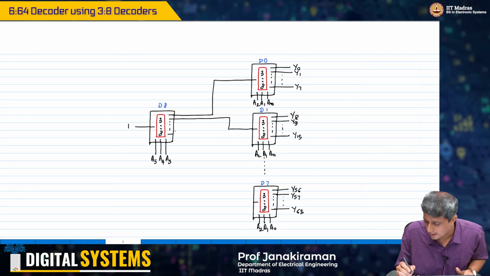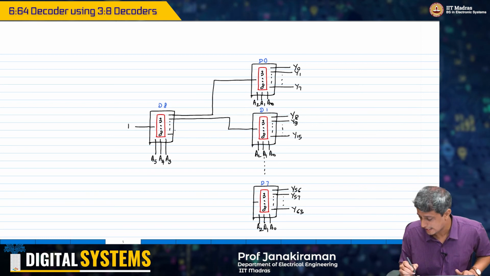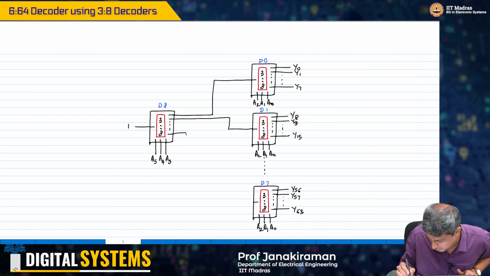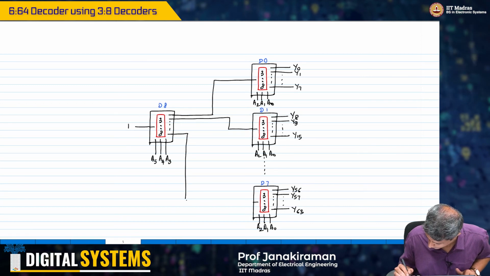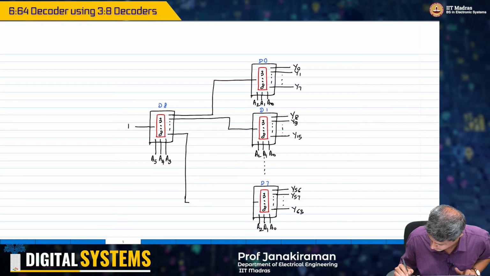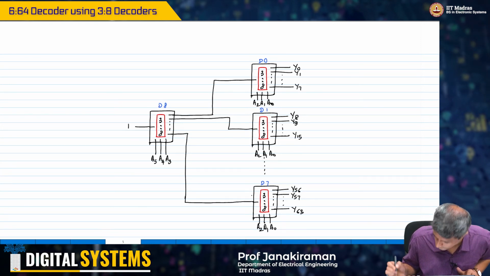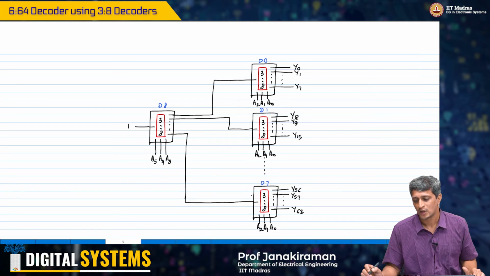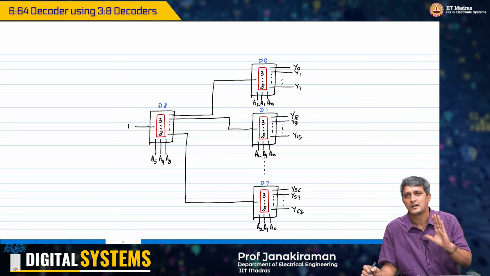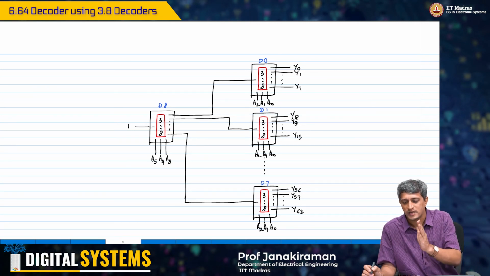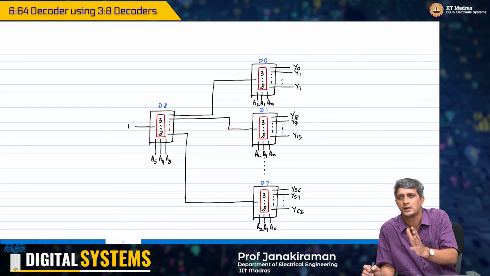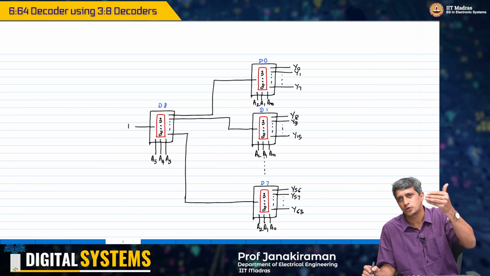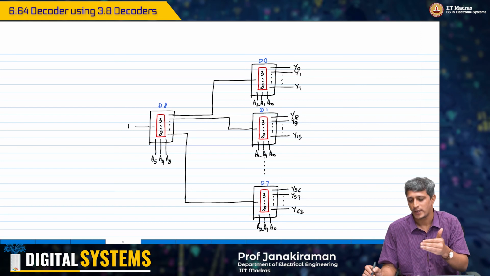Finally, the Y7 output of D8 must go as an enable to D7. Okay. So this is effectively the behavior or the schematic of a 6:64 decoder using 3:8 decoders.